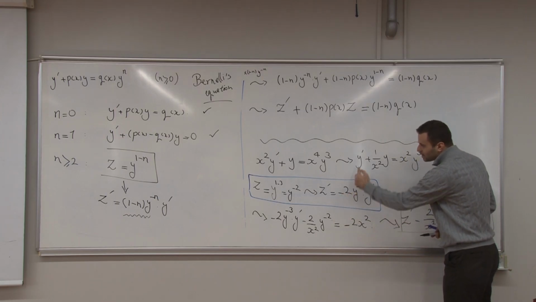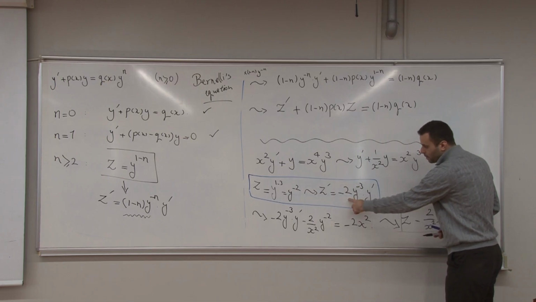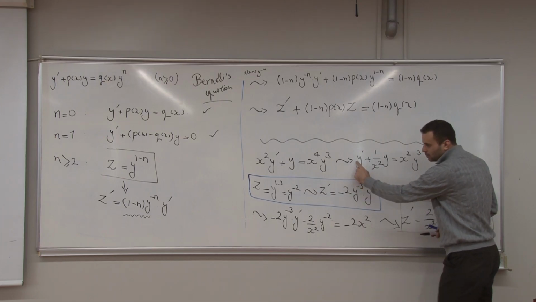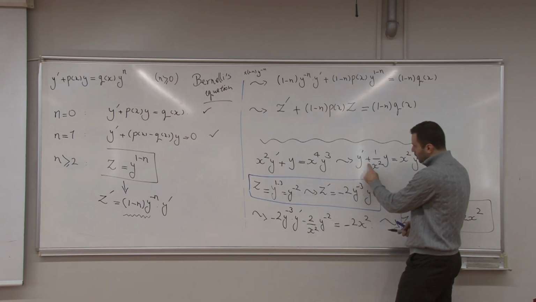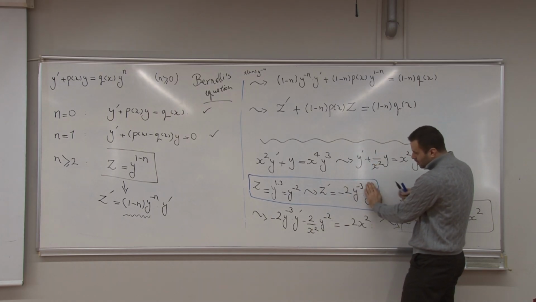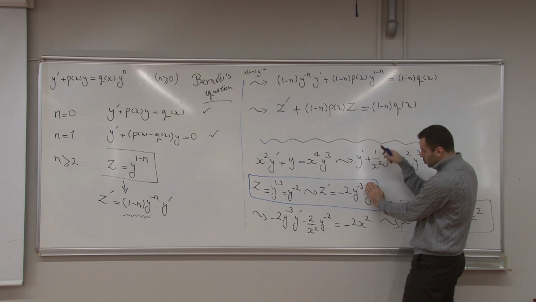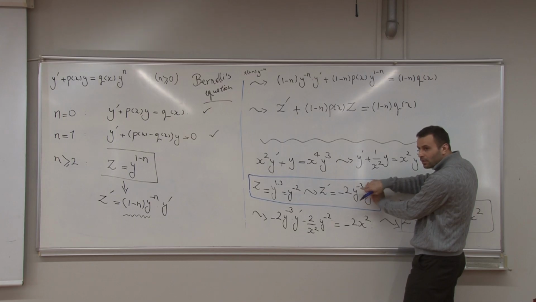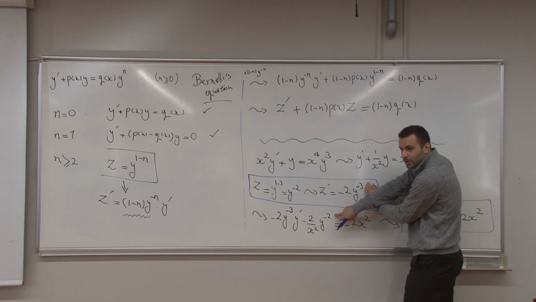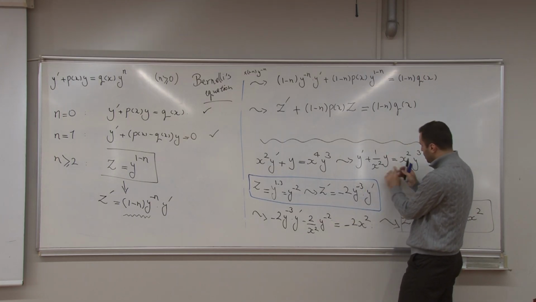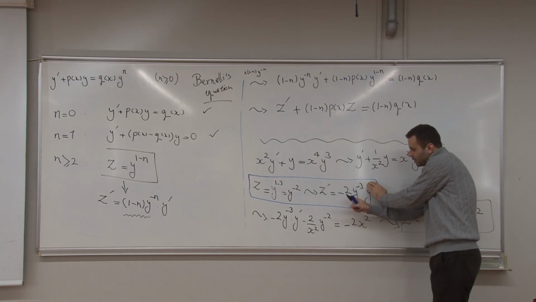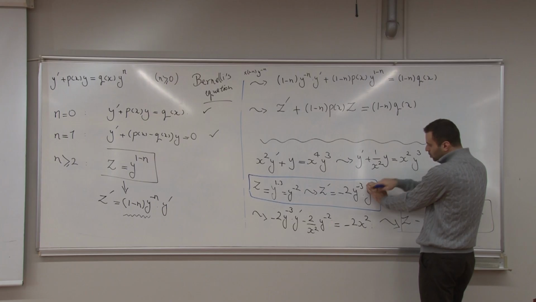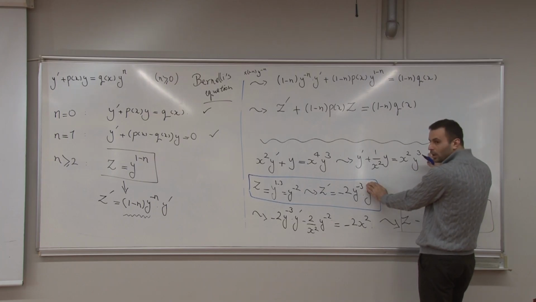If you multiply that, this is going to be minus 2 times y to the power of minus 3 times itself, minus 2 divided by x to the power of 2, y multiplied by y to the power of minus 3, so y to the power of minus 2, equal to the right-hand side also multiplied: minus 2 x to the power of 2, y to the power of minus 3, y to the power of 3.